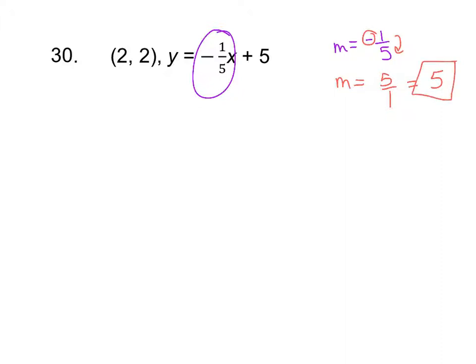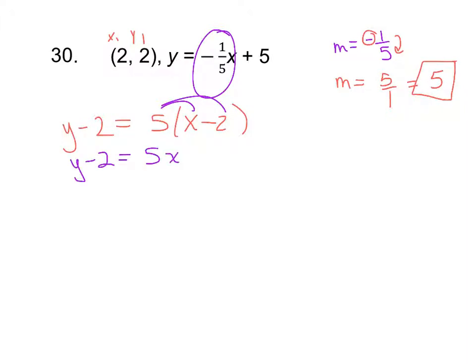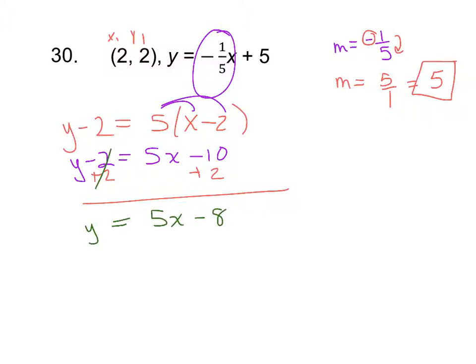So my point, x1, y1: y minus y1 equals m times x minus x1. They want it in slope-intercept, so we're going to distribute. You get y minus 2 is equal to 5x minus 10. Add 2 to both sides. y is equal to 5x minus 8. And that is the new equation.